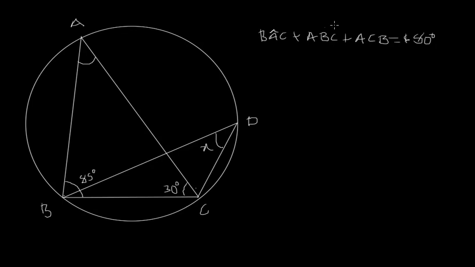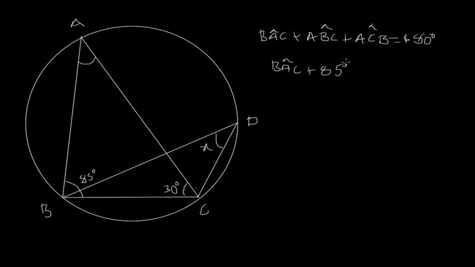Okay, these are angles. What is angle BAC? We do not know, we'll leave it as BAC, plus angle ABC. Angle ABC is 85 degrees. What is angle ACB?